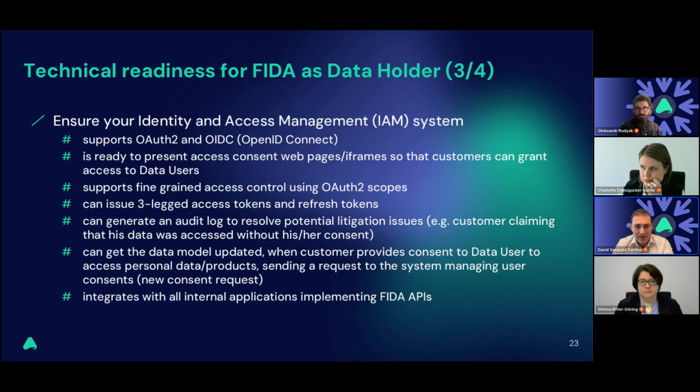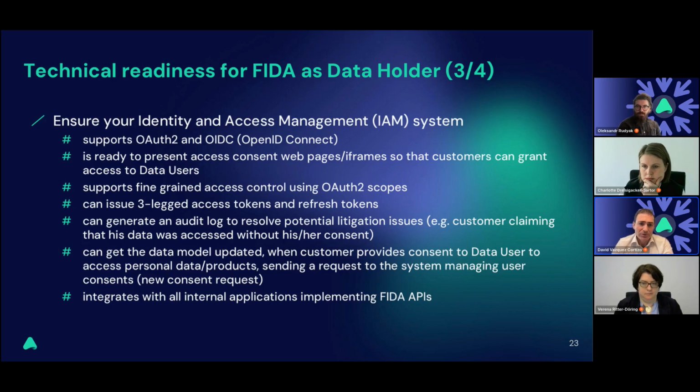And then basically this identity and access management system is the engine of the business logic that we were referring to before. So this system has to be connected to the new application, because through this system you are going to get new consents, and vice versa, through the customer dashboard.